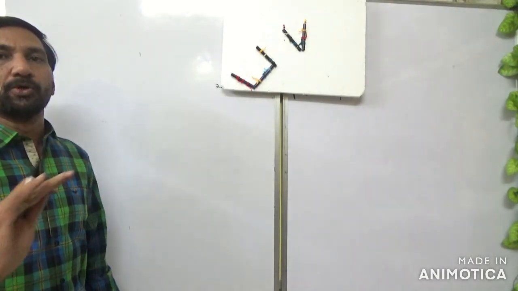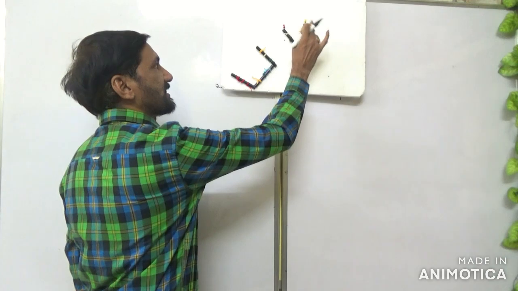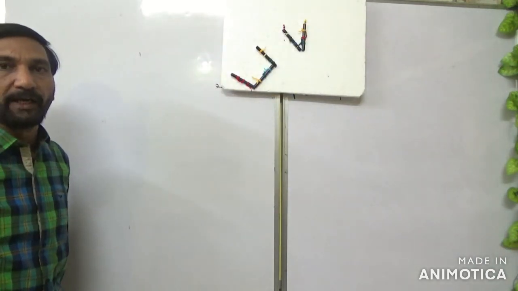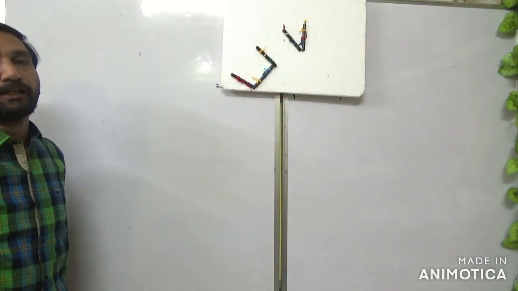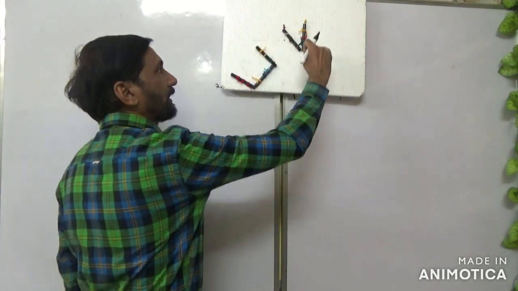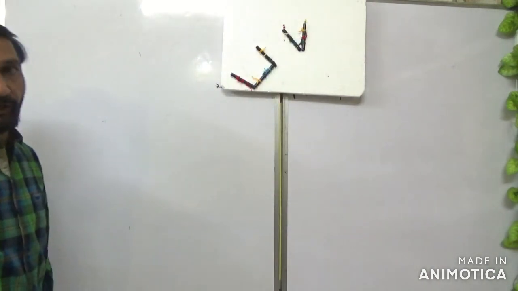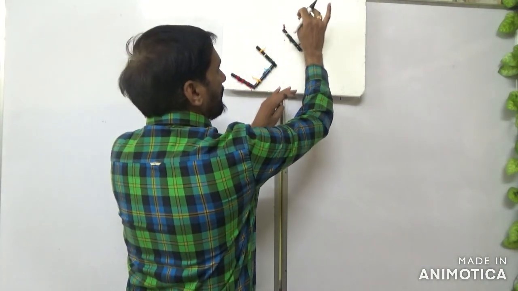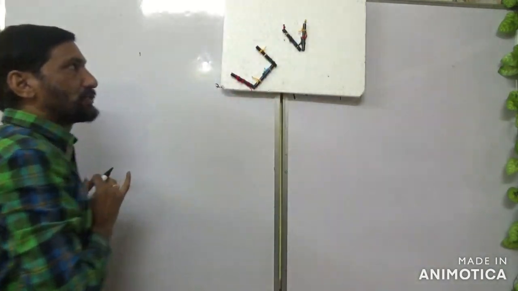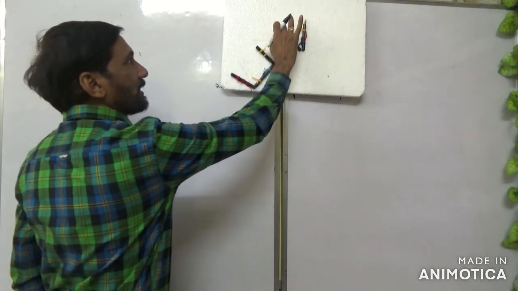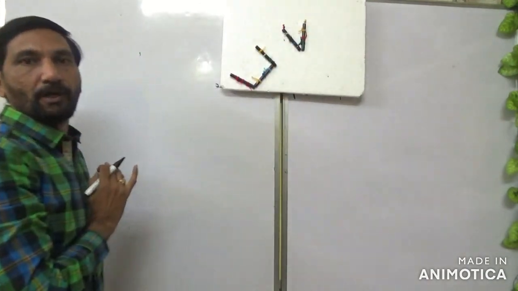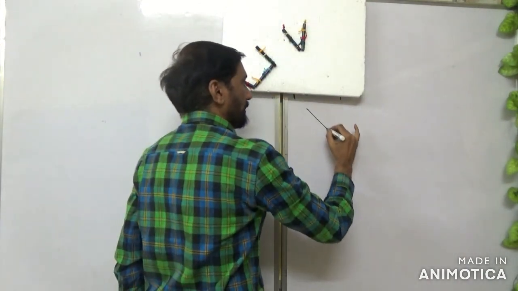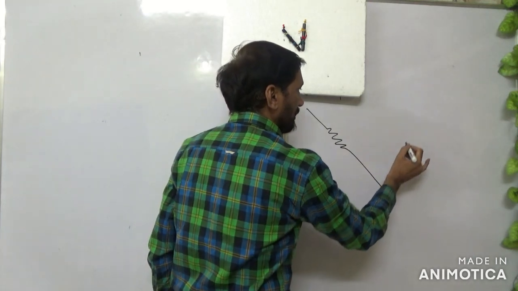Now let us suppose there are two resistors taken in the form of letter V. You want to find the effective resistance between the ends, say A, B. So this is your given problem.